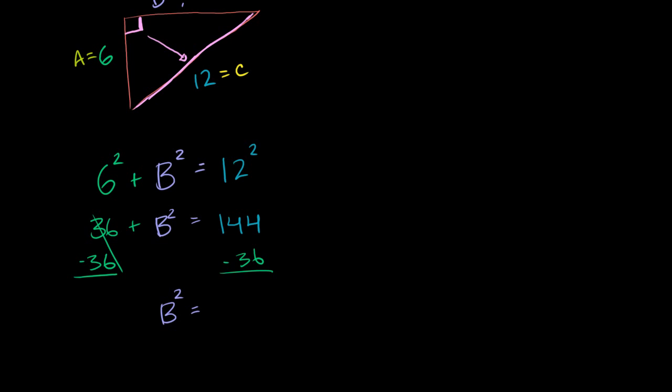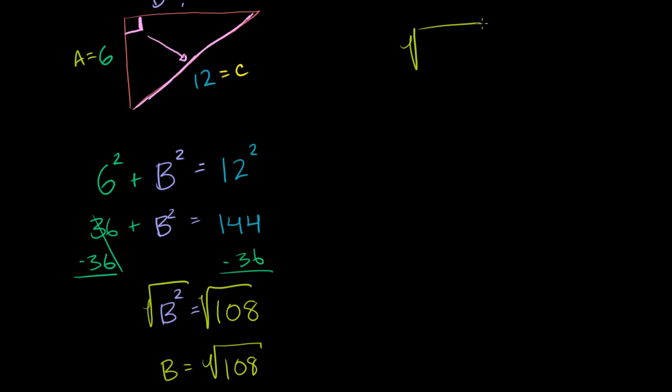So this is going to be 108. So that's what b squared is. And now we want to take the principal root, or the positive root of both sides. And you get b is equal to the square root, the principal root of 108.